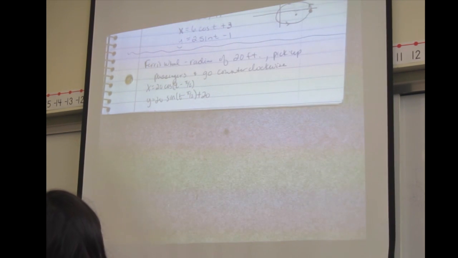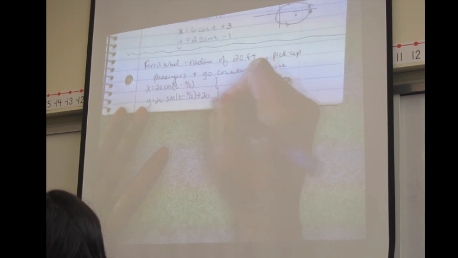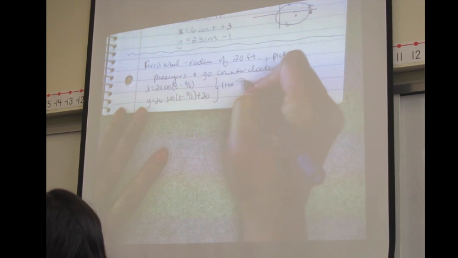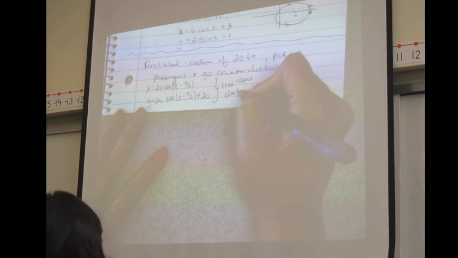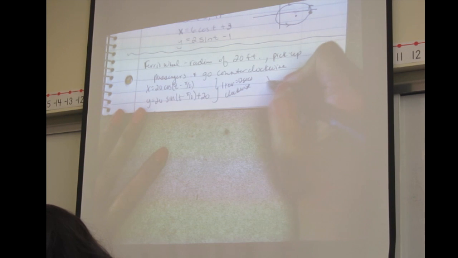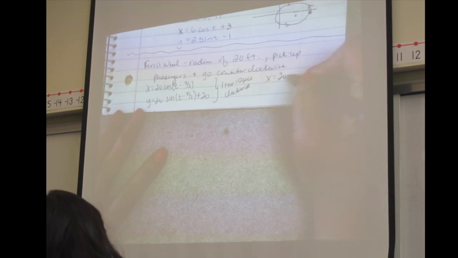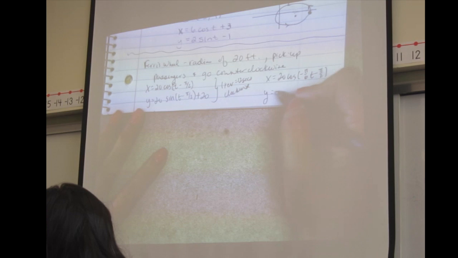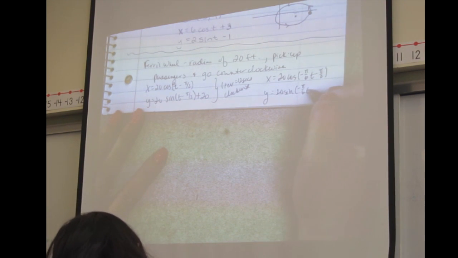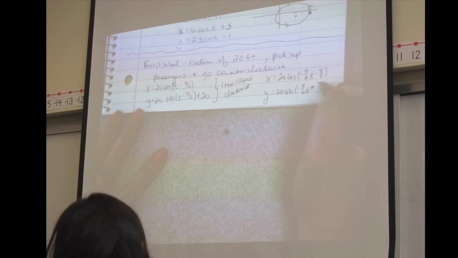Okay, so this one here, we're going to change it so that 1 revolution is equal to 12 seconds. And we're going to go clockwise, right? So x equals 20 cosine of negative pi over 6 t minus pi over 2. Oops, minus.